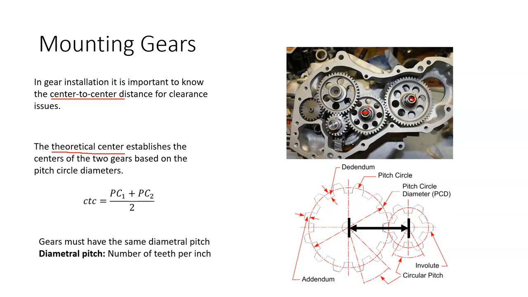It's based on the two pitch circles: the pitch circle of gear 1 plus the pitch circle of gear 2, divided by 2. That will land you right where the theoretical center-to-center should be, and you can design your mounting conditions from there. Again, assuming your diametral pitches are the same, you will be able to calculate a proper velocity ratio with that.